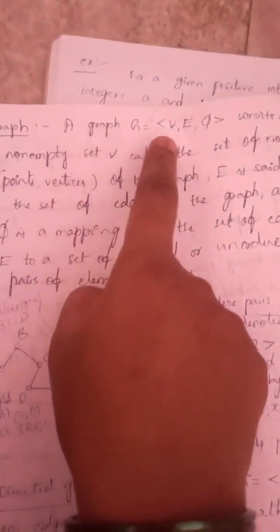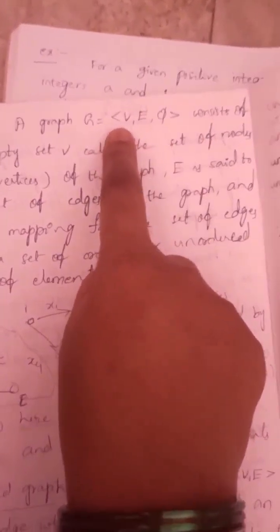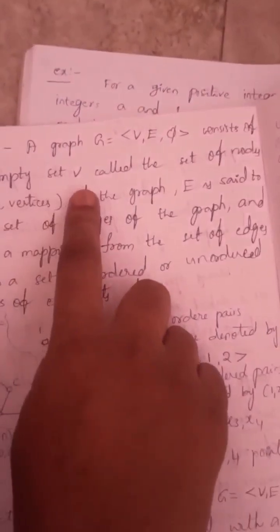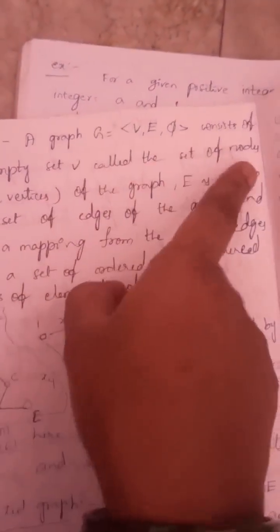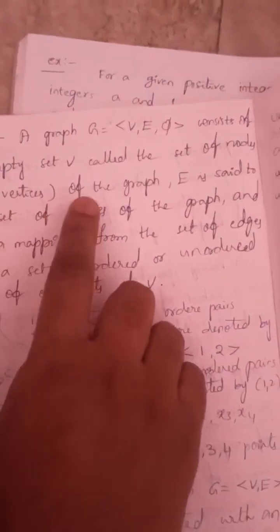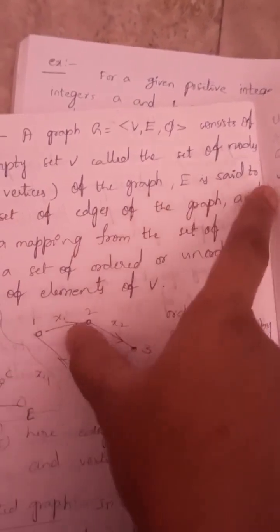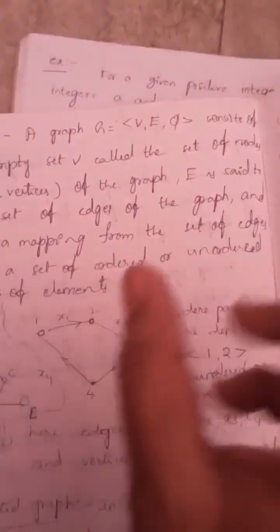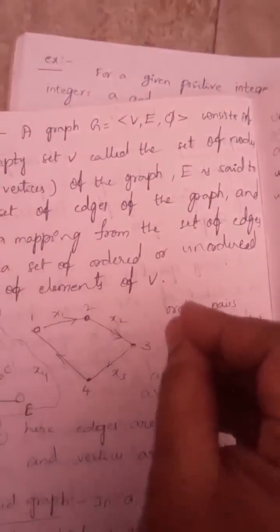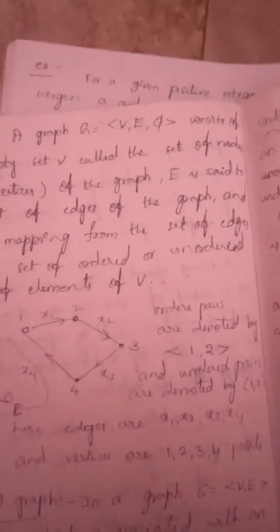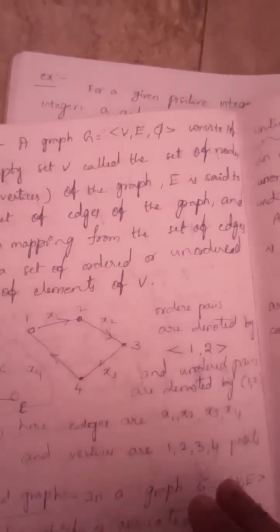A graph G equals (V, E, pi) consists of a non-empty set V, called the set of nodes, points or vertices of the graph. E is said to be the set of edges, and pi is a mapping from the set of edges E to ordered or unordered pairs of vertices.